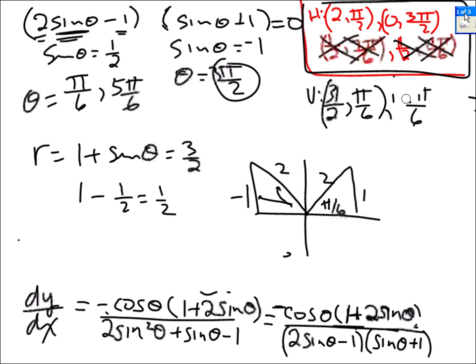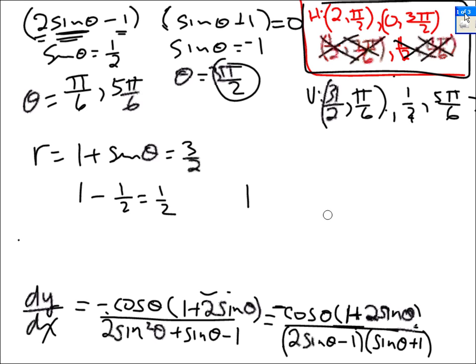So r goes first. We have 1 half, 5 pi over 6. Now we look at 3 pi over 2.